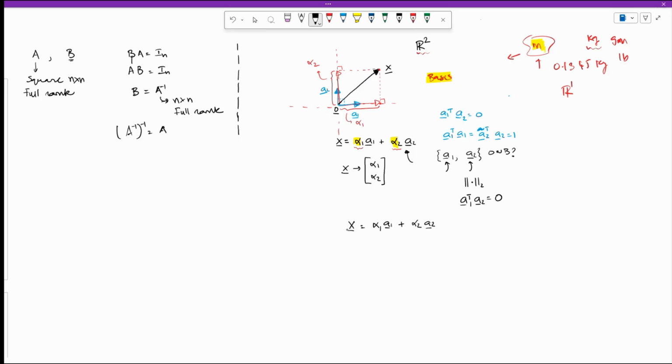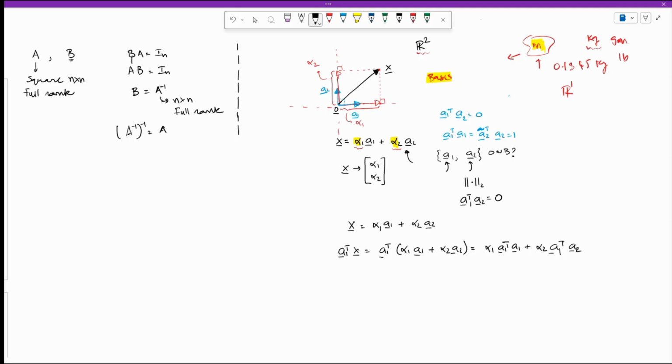If you take the inner product of the left hand side and the right hand side with A1, what will you get? You can take this inside. So you'll have alpha 1 A1 transpose A1 plus alpha 2 A1 transpose A2.